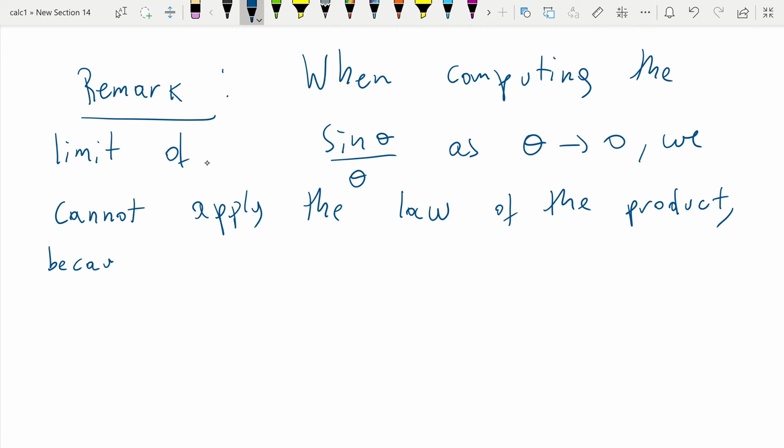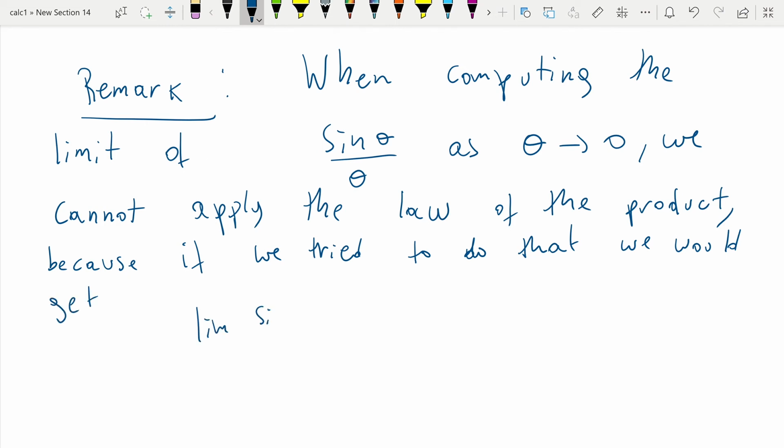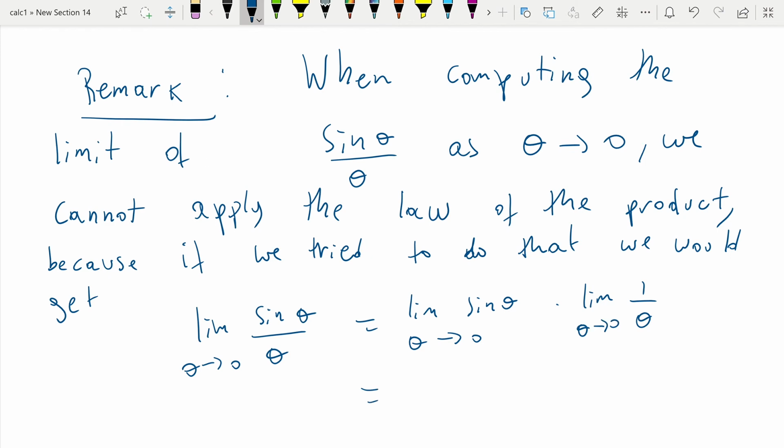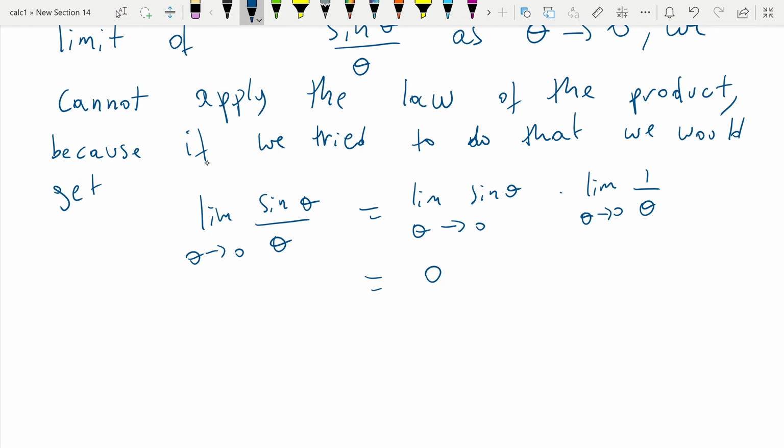If we attempted to do that, we would get the limit of sine of theta as theta approaches 0 times the limit of 1 over theta as theta approaches 0, and people will tell me this is equal to 0 times 1 over 0, or 0 over 0.